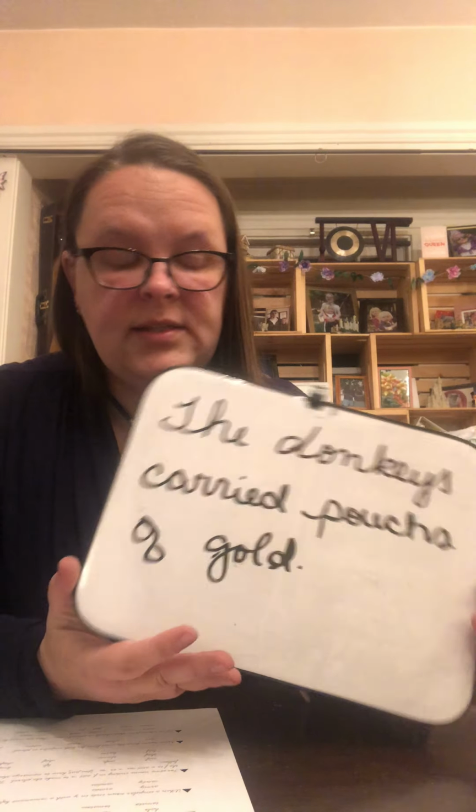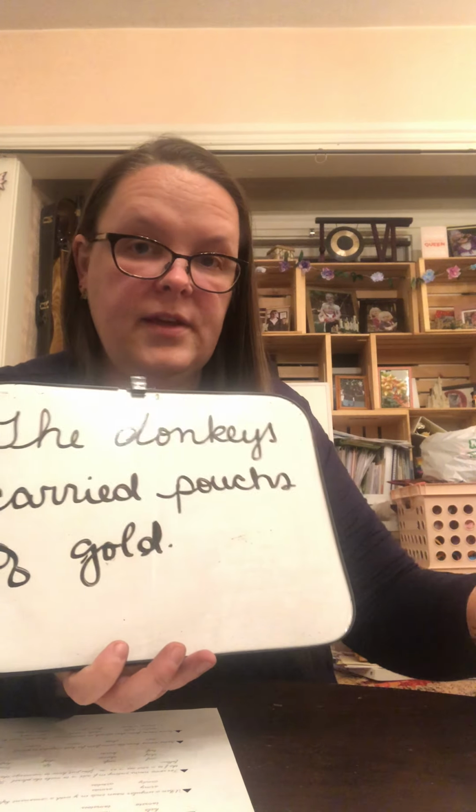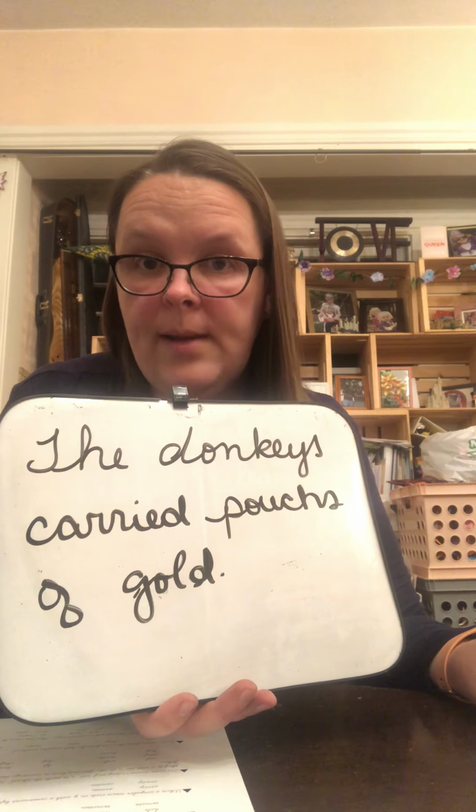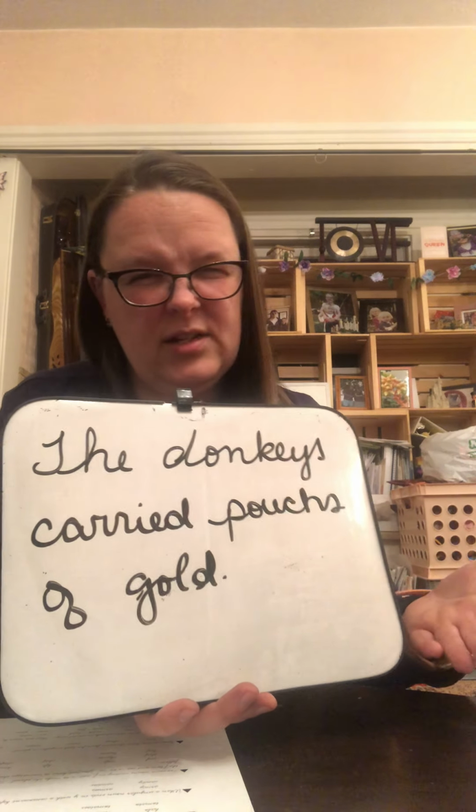I just copied it exactly as it is on this sheet. Then right below it, and actually I shouldn't have done it on here because I don't have room. Right below it, I'm going to write each word.